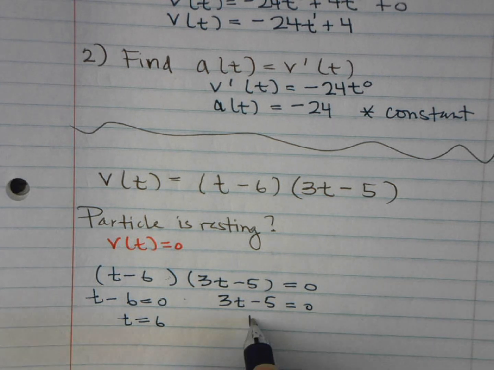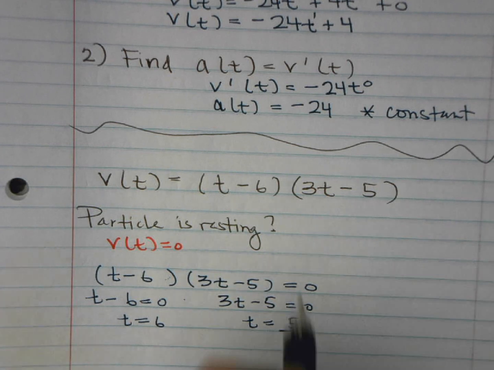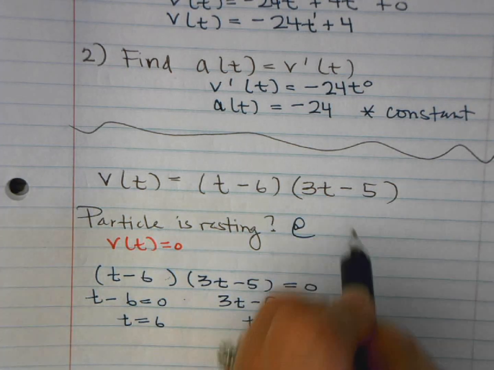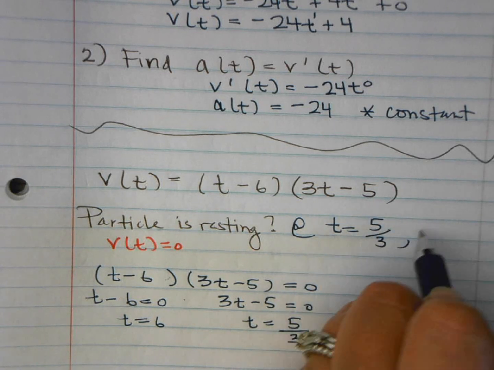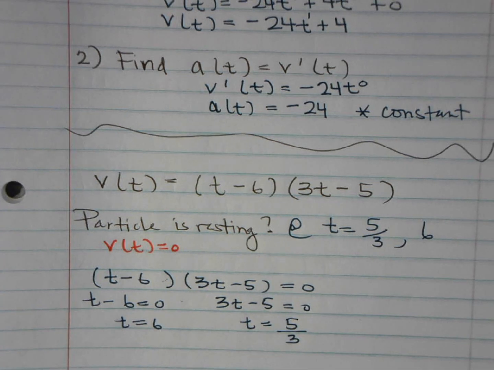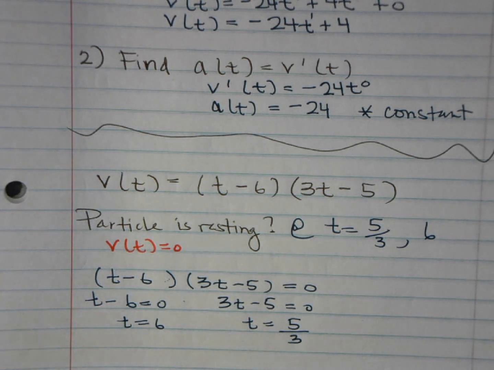I would add 5 over and divide by 3. So when is the particle resting? That would be at t equals 5/3 and 6. I'm going to put 5/3 first because it's smaller. And there's no units attached to this at all, maybe seconds, maybe years, who knows. So that would be when the particle is resting.